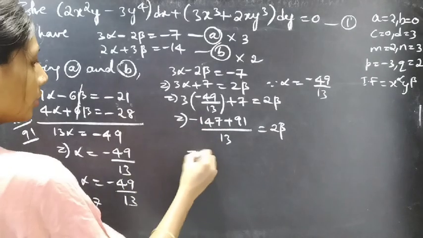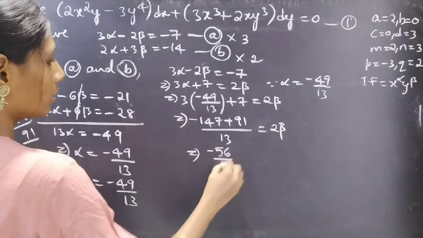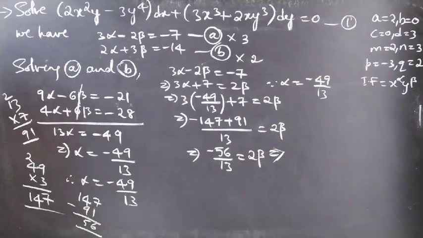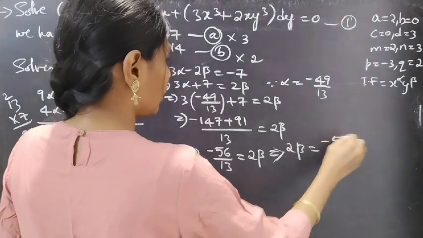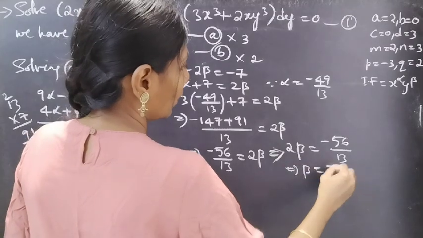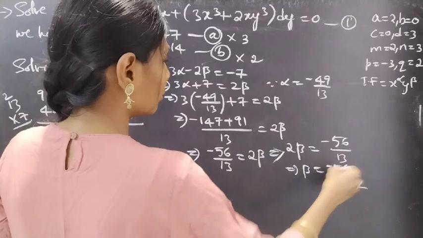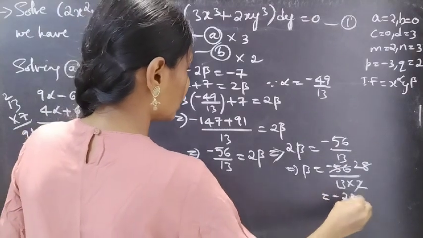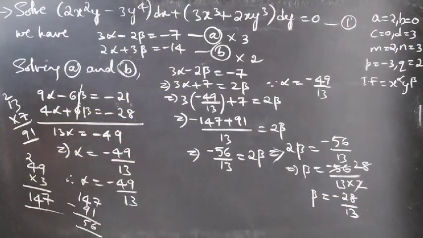Minus 147 plus 91 gives minus 56 by 13. Okay. Now we can write this as 2 beta equal to minus 56 by 13, or beta equal to minus 56 by 13 into 2. 2 ones are 2, 2 twos are 4, 2 eights are 16, which gives us minus 28 by 13. Beta equal to minus 28 by 13.